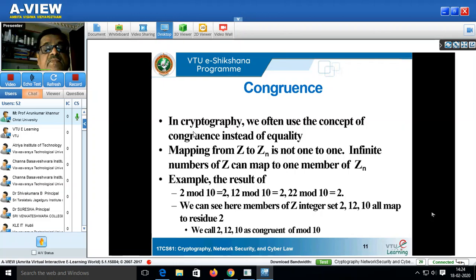For example, the result of 2 mod 10 is equal to 2, 12 mod 10 is 2, 22 mod 10 is 2. Now we can see a member of the Z integer set is 2 here.